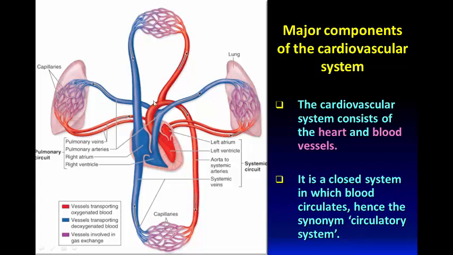As you can see in this diagram, the cardiovascular system is a closed system through which blood circulates, and that's why this system is also known as the circulatory system, or simply the circulation.